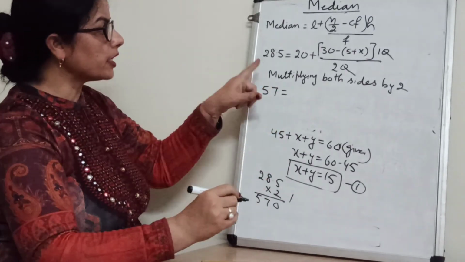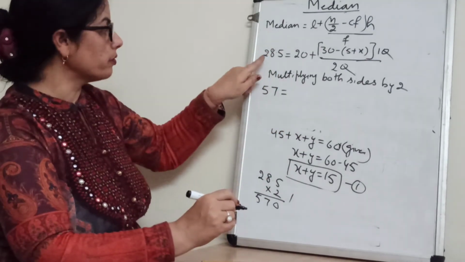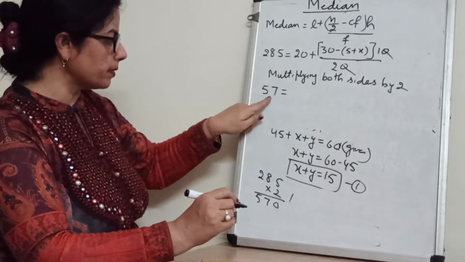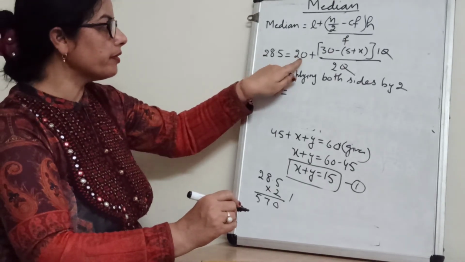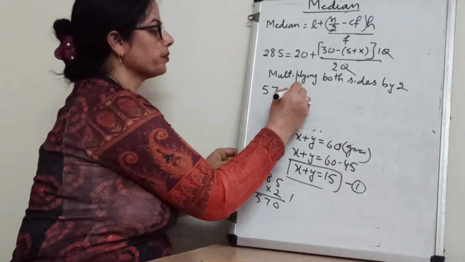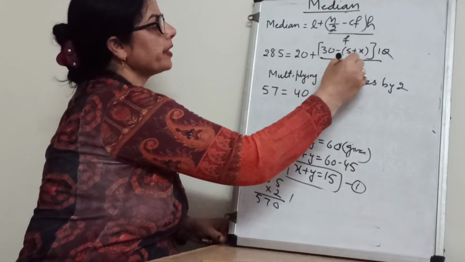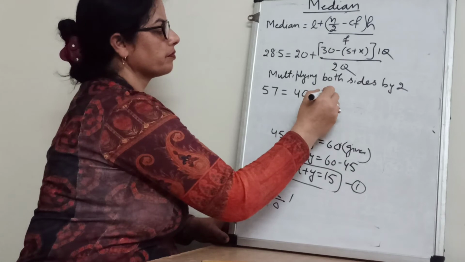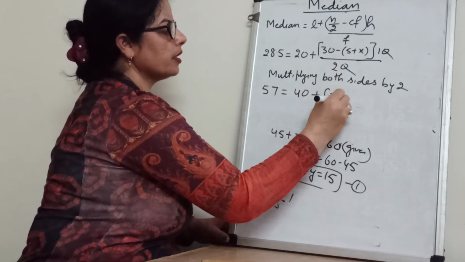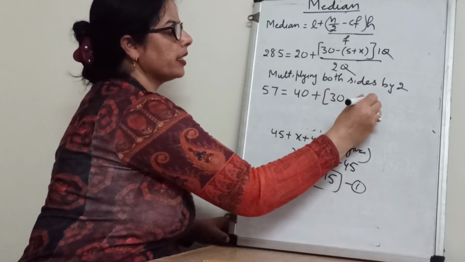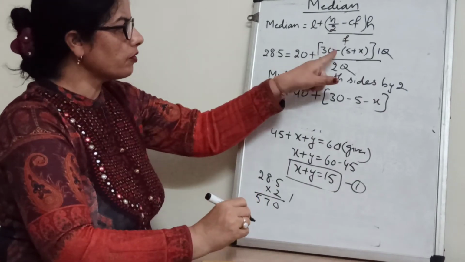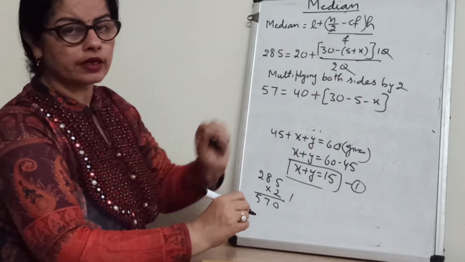We will multiply every term by 2. I have multiplied this term by 2. Now I will multiply this term also by 2. 40 will come. And when I multiply this by 2, only this will come. What will come? 30 minus 5 minus x. I have opened the bracket also, and this 2 will be removed.